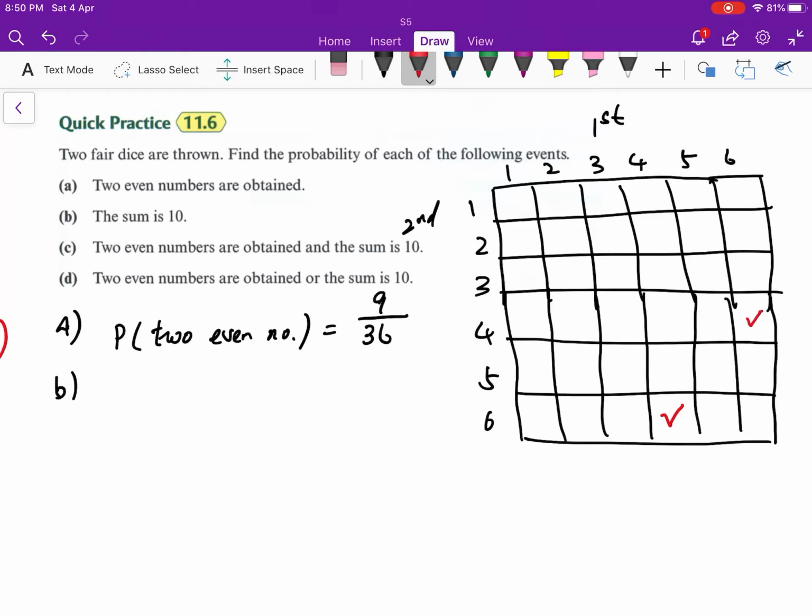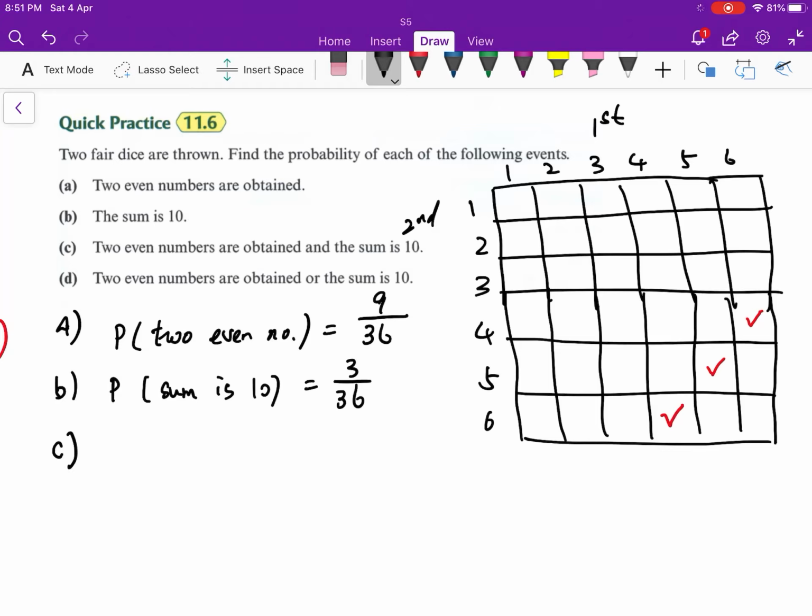Then 6 plus 4 is 10. 5 plus 5 is 10. What else? Any more for 10? No. So that means only 3 choices. So the probability that the sum is 10 will be 3 out of 36. Got it?